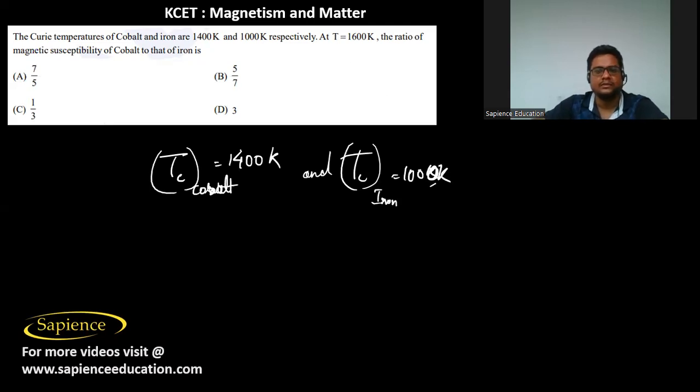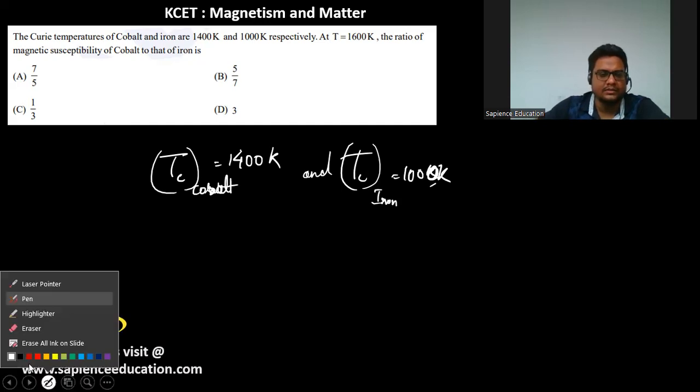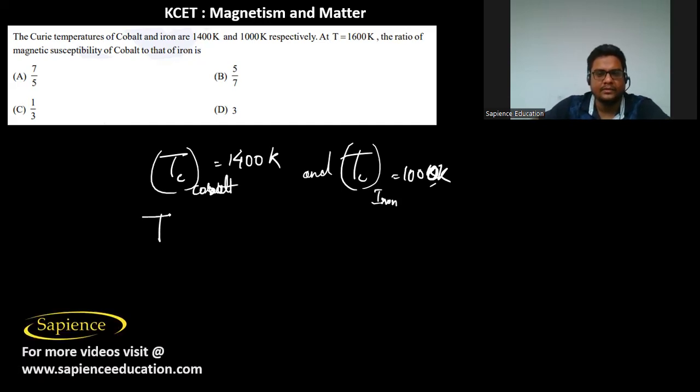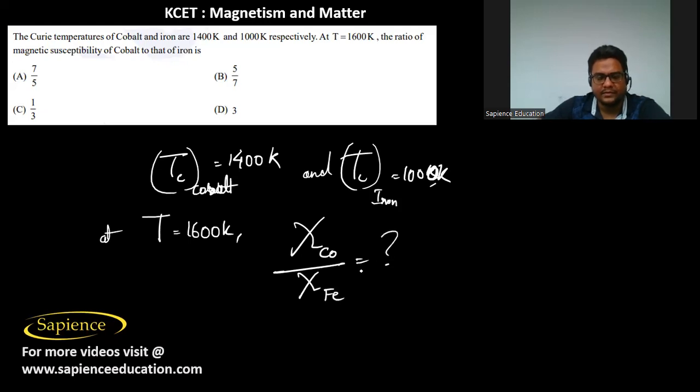At T equals 1600 Kelvin, we have to find the ratio of the magnetic susceptibility of cobalt to the magnetic susceptibility of iron. This value we have to find.